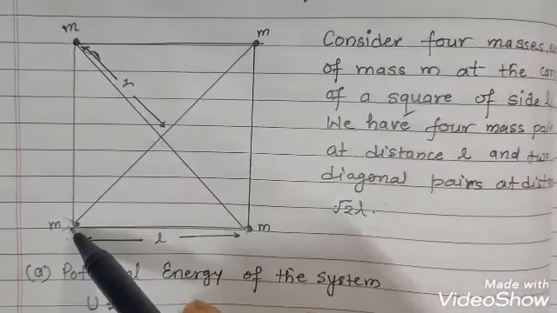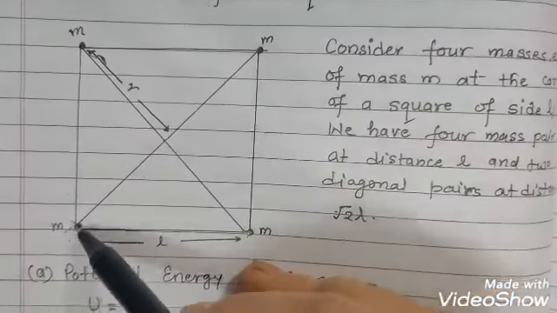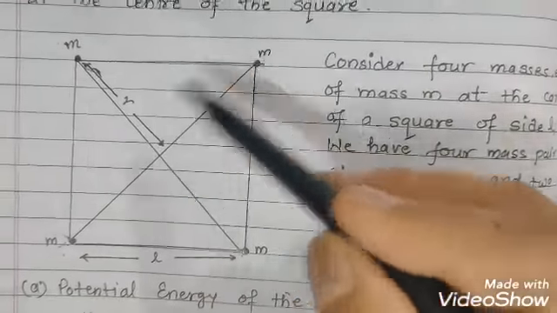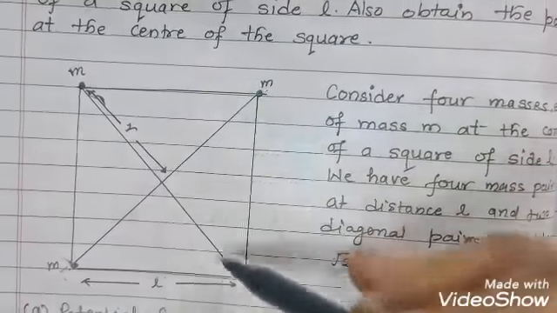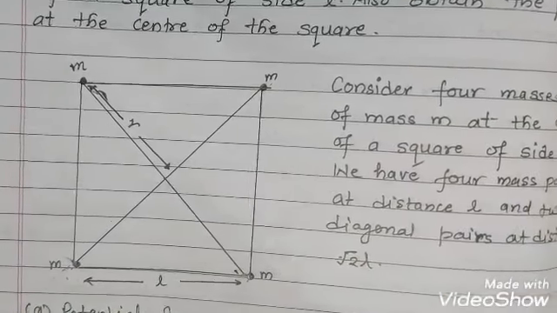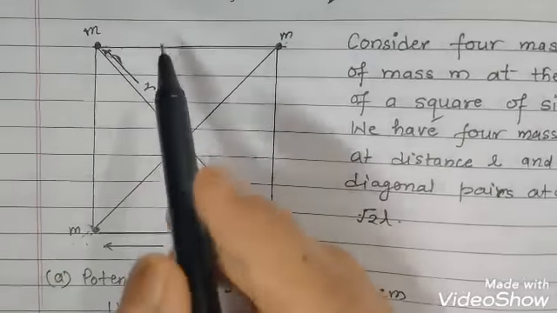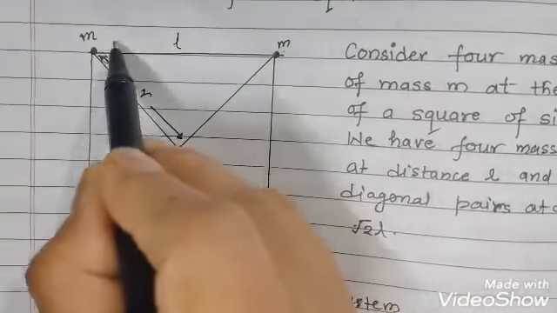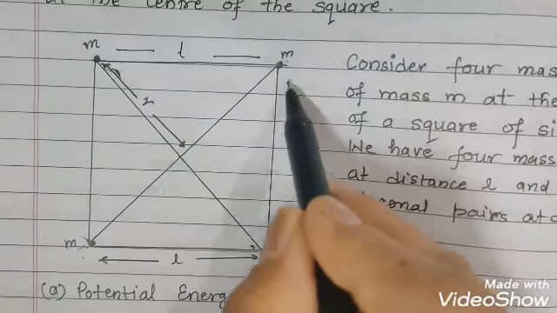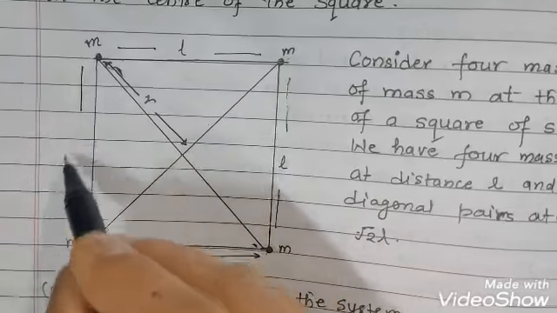So these are 4. Plus we'll find diagonally also for this pair and this pair. So for the first 4 pairs, the distance between the particles is equal to L.